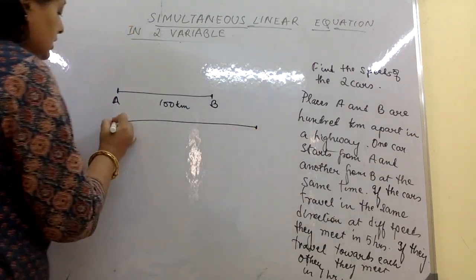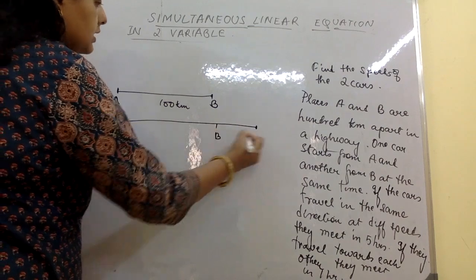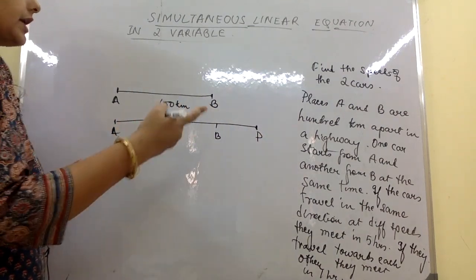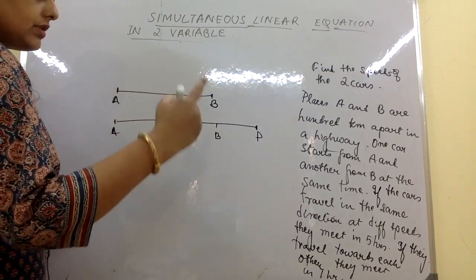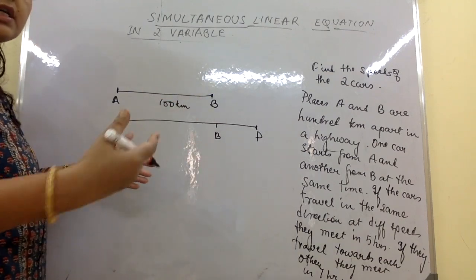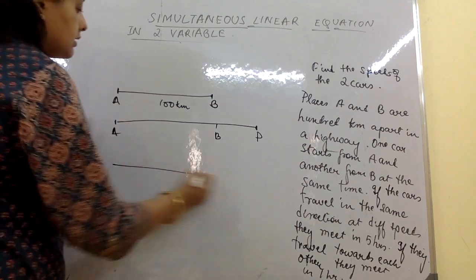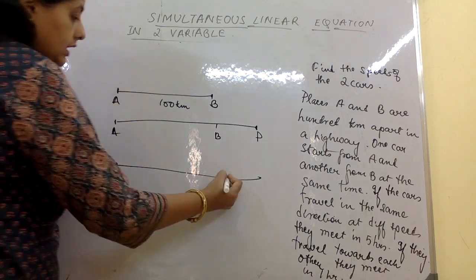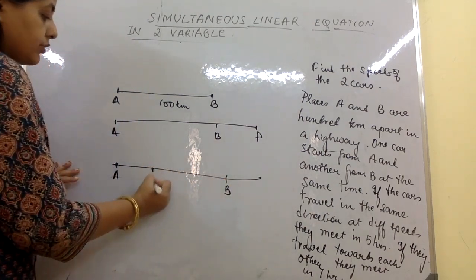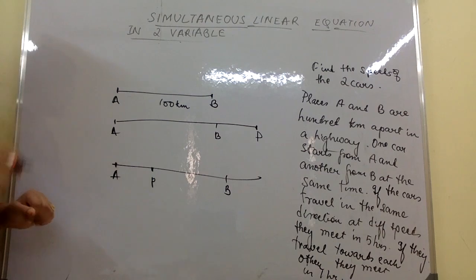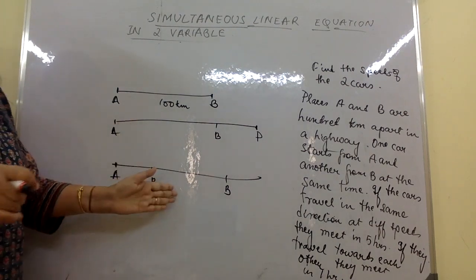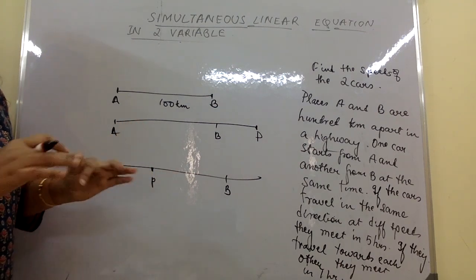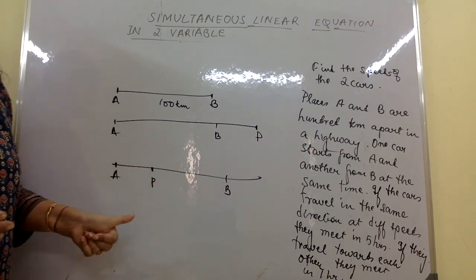So here is A, here is B, and they meet at this point P, which is after 5 hours. And the other condition is if they are traveling towards one another, then they meet at this point P. Now you should not be thinking that they are meeting right at the center, at the midpoint, 50 kilometers from this side and 50 kilometers from that side.